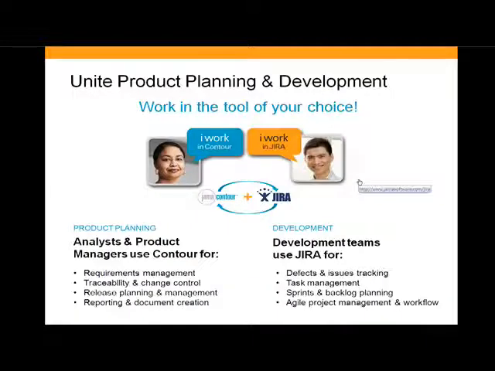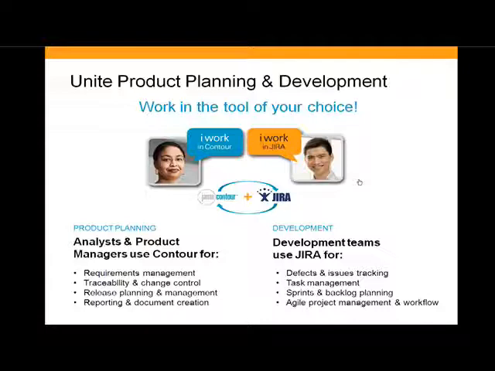So we know that product planning teams have one specific set of activities and challenges for defining and planning out a product. And likewise, the development teams have a different set of activities and challenges in building the product. So there's a tendency for these teams to get siloed on their own, and working in different tools sometimes adds to and reinforces these silos.